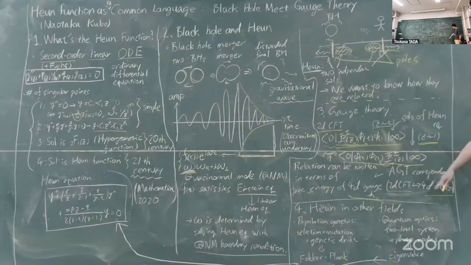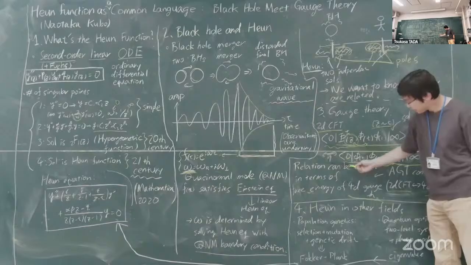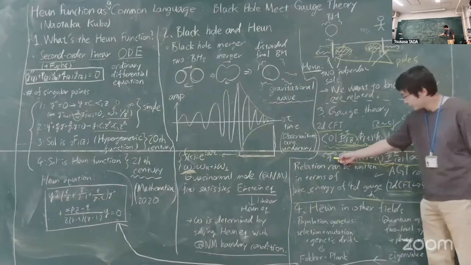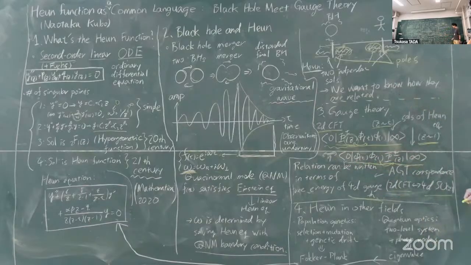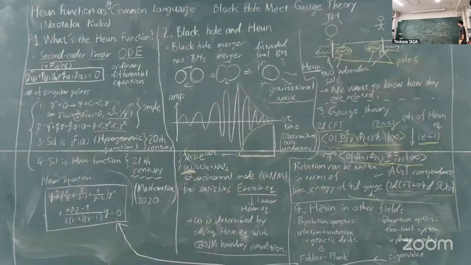And by using this, we can write down the relation in terms of the free energy of the gauge theory. So this is why black hole physics needs gauge theory.